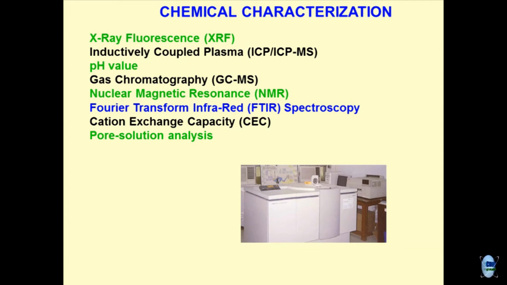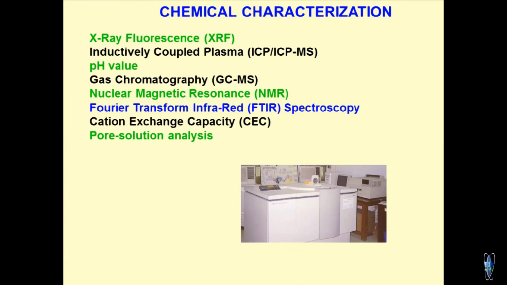So, there are two versions of this testing. One is only ICP, where you just do qualitative analysis, what are the heavy metals present. There is something known as MS, mass spectroscopy.